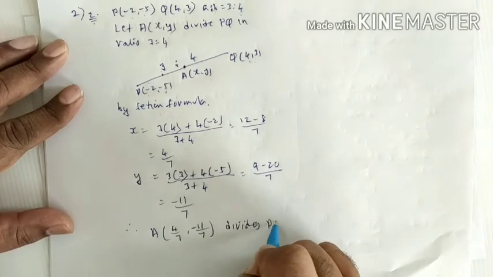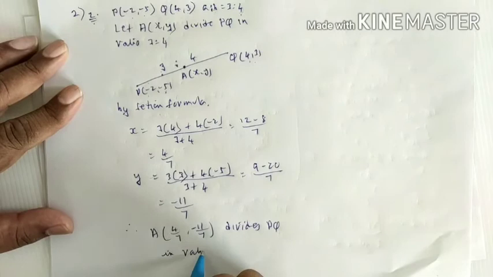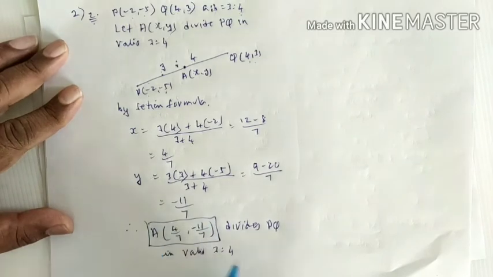So (4/7, -11/7) divides PQ in the ratio 3 is to 4. This is our answer.